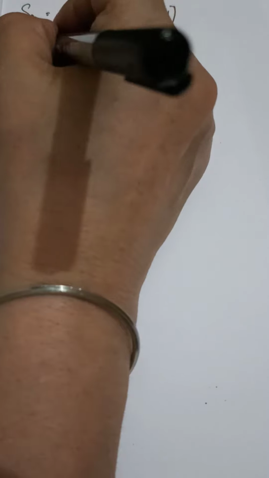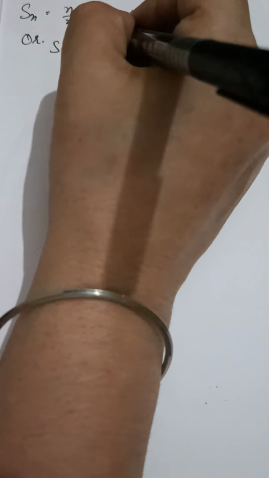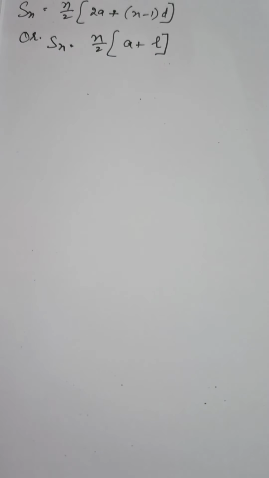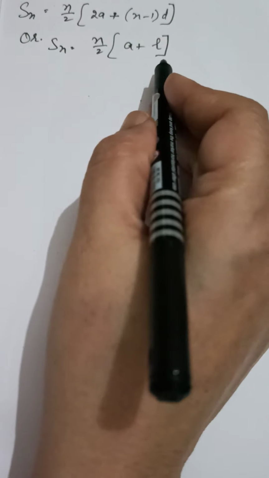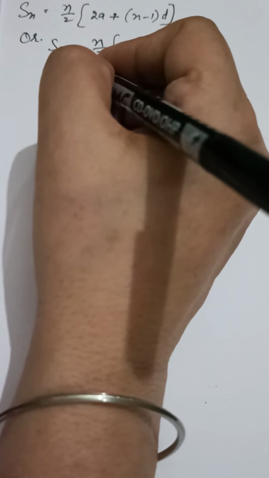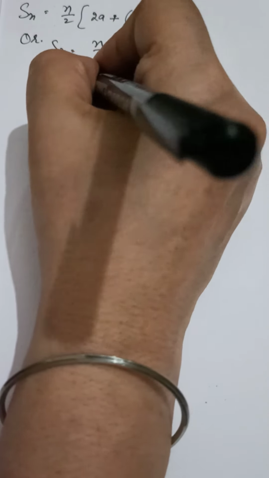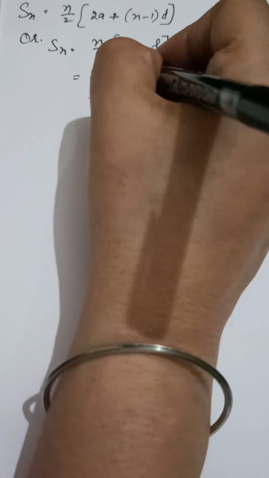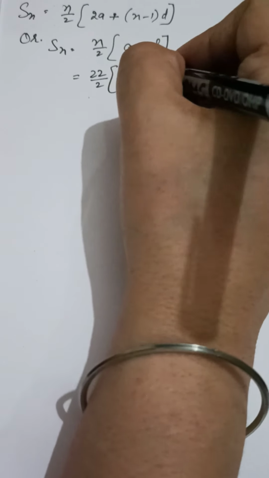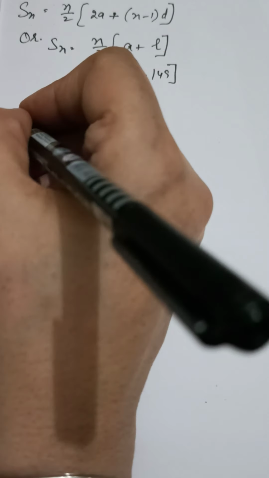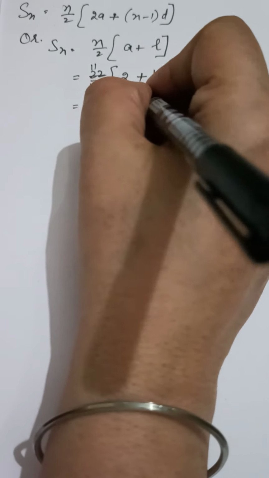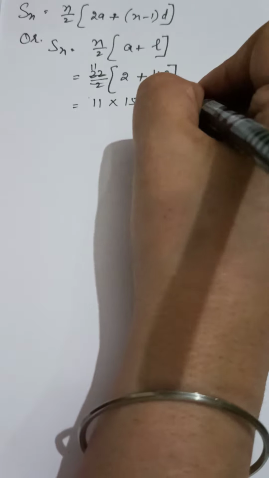Or we can use Sn is equal to n upon 2 into a plus l, because the last term is given to us. So this is easy for us. We will use this one. n upon 2, n is 22, 22 upon 2, a we have found out is 2, plus l is given, 149. So it becomes 11 multiplied by 151, and your answer is 1661.